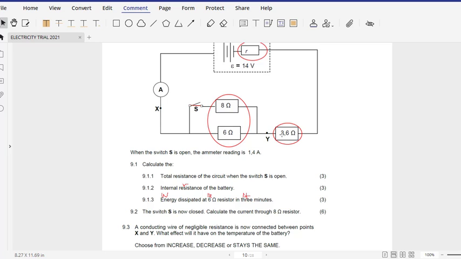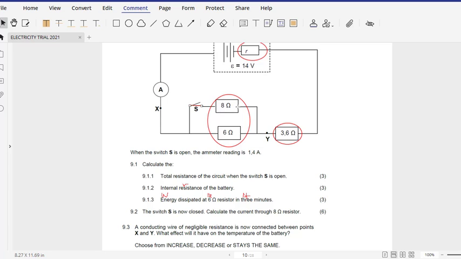But to be able to calculate the voltage here, we need the current, and the current is not known. Please let us be careful here. The current is no longer 1.4 amperes. The current has changed as a result of opening another route for the current. So that new current is not known, which means that we cannot calculate the voltage of this and then the voltage of the internal resistance, and then subtract them from 14 to get this voltage.